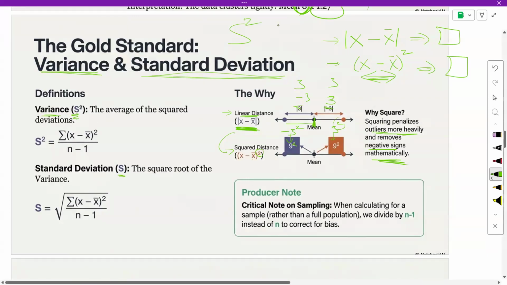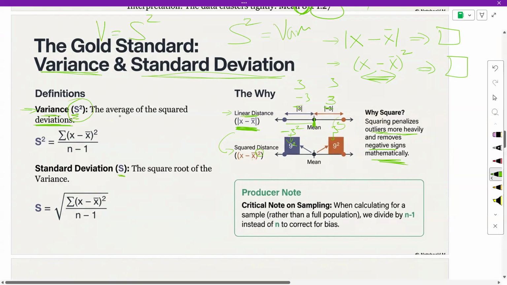And if you put s squared, standard deviation squared, it is called variance.